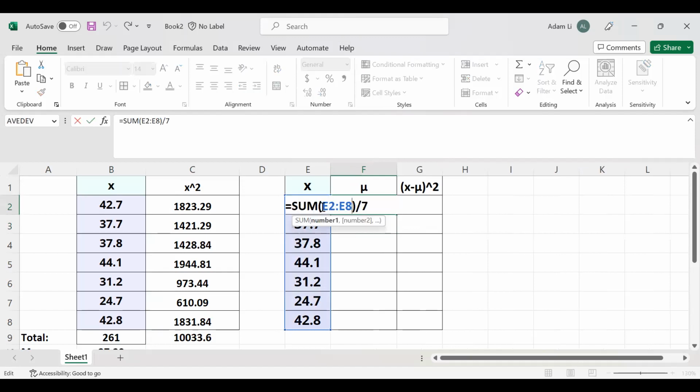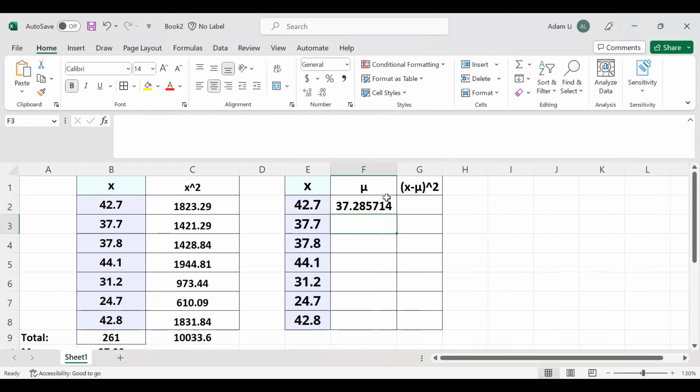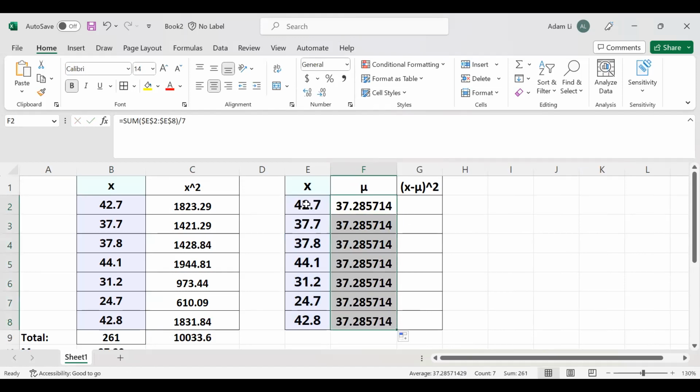And we're going to put a dollar sign for reference. Dollar sign here, dollar sign here. Why do we put a dollar sign there? Because we're going to lock the cell, because you want Excel to always go back to the same cell. Without the dollar sign, it's not going to work here.